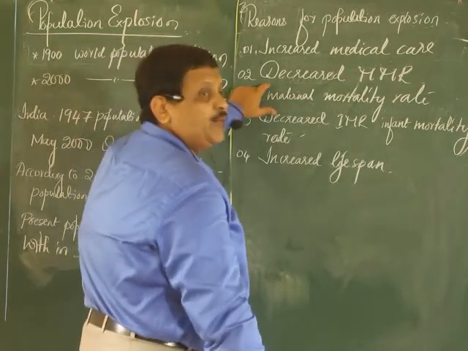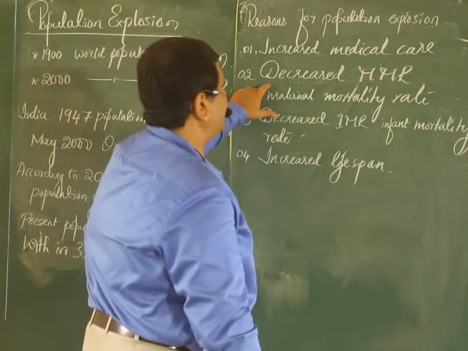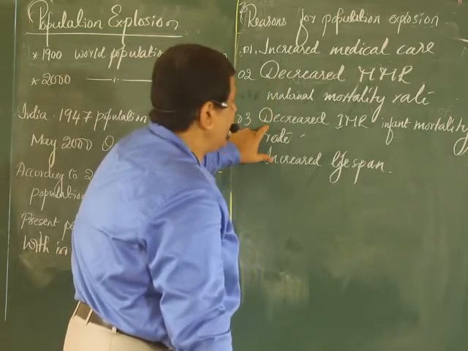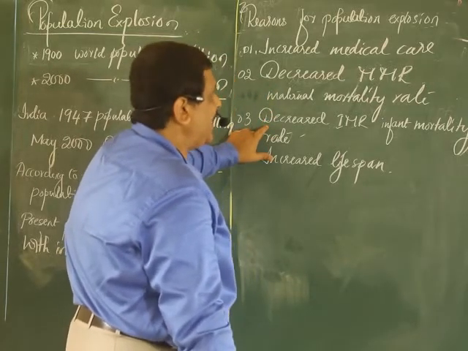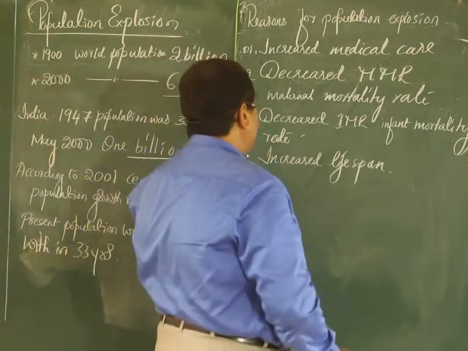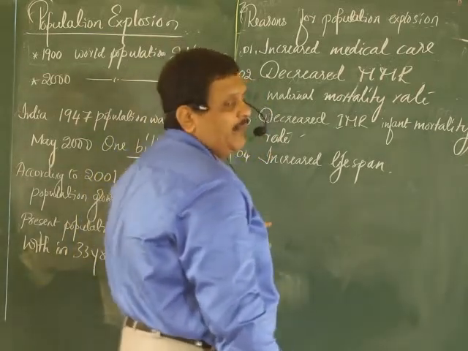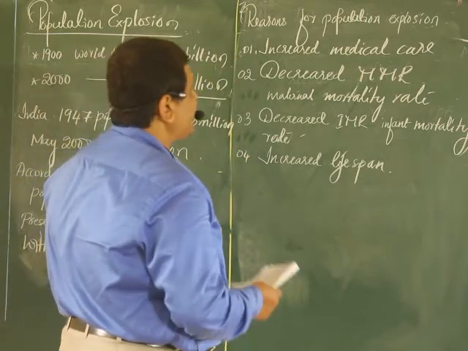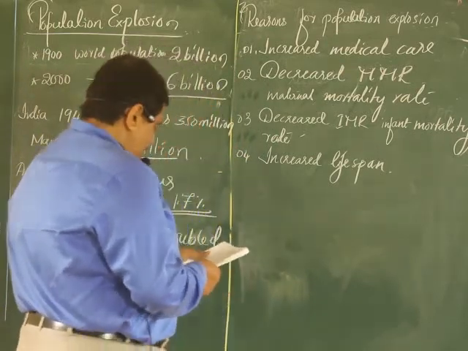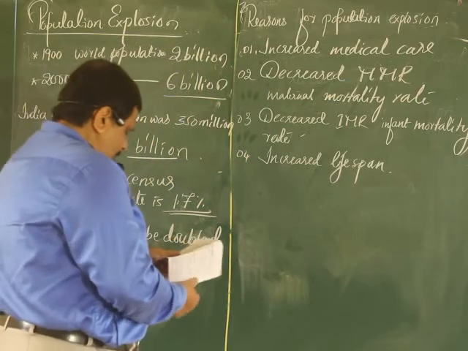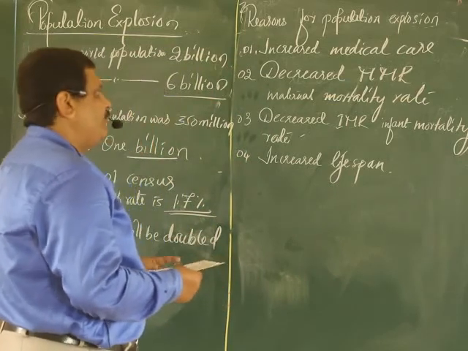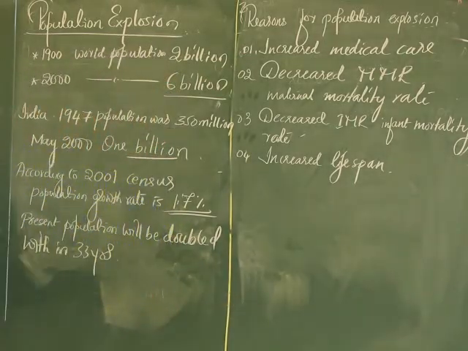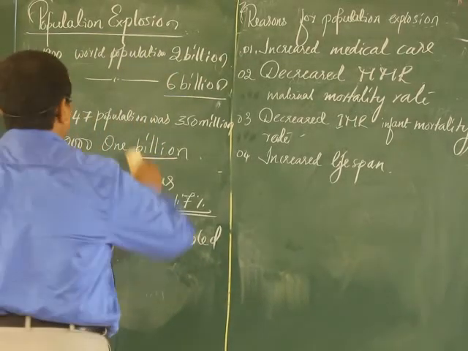Then decreased maternal mortality rate during the time of delivery, and decreased infant mortality rate due to proper health care, then increased lifespan of the people. Now, what are the impacts of population explosion? Let us see the impacts of population explosion.